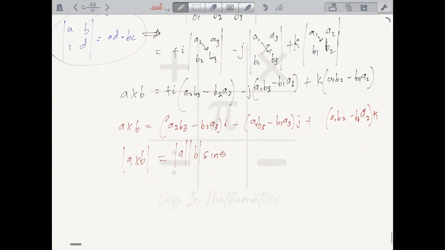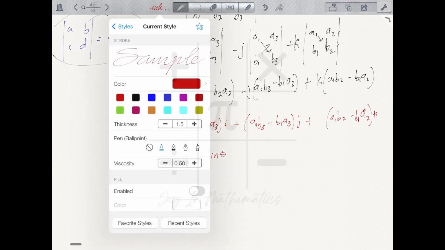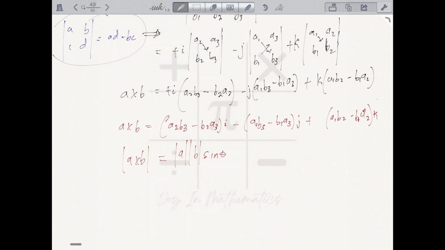Now we find something interesting in vector products compared to dot product or scalar product. We realize that we have unit vectors i, j, and k in cross products. This shows that the result of the cross product, or vector product, is a vector quantity.